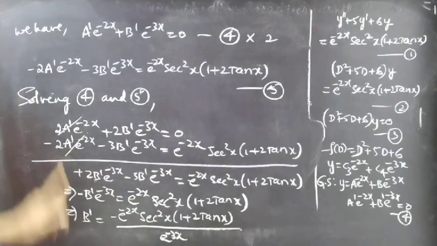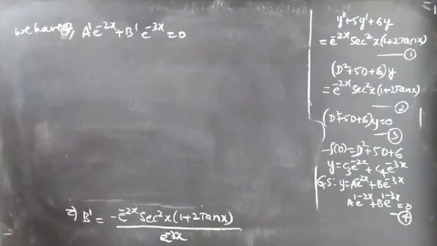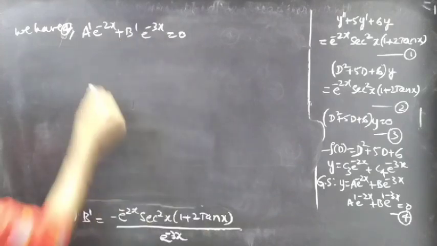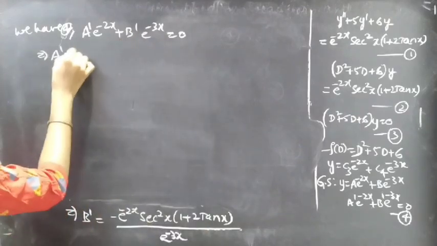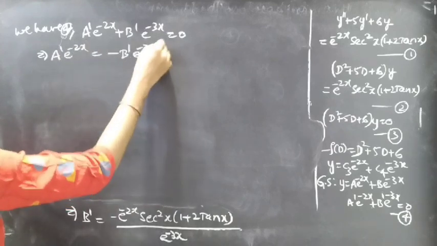Now by substituting b dash in equation 4, we'll get a dash. We have equation 4, a dash e power minus 2x plus b dash e power minus 3x, right? We can write this as a dash e power minus 2x equals to minus b dash e power minus 3x, right?